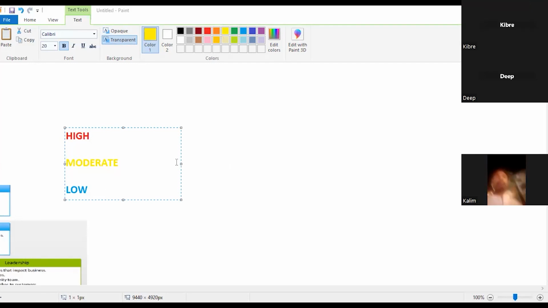Based on these three vectors, we're going to find this risk. We're going to do some mathematical equations to analyze the risk and differentiate.